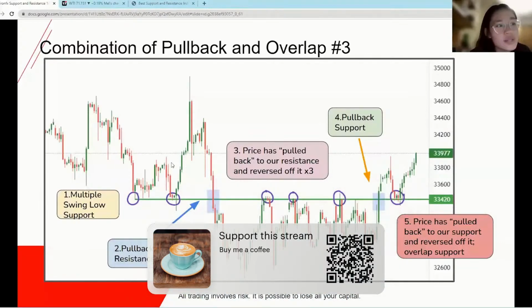Okay, and then we can take a look at some support and resistances as well as the time frames.